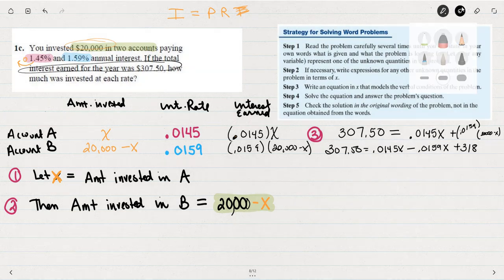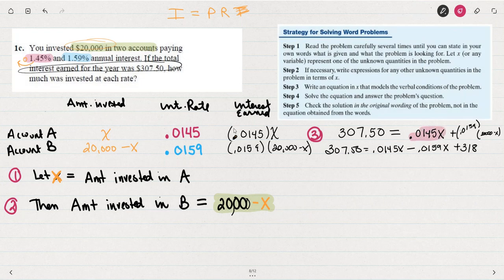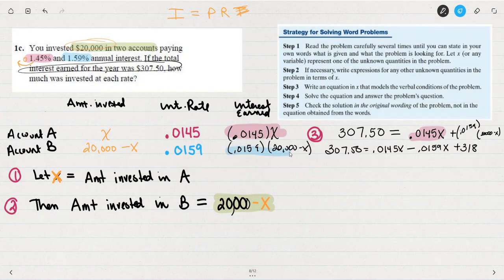So I could write this equation: $307.50 is equal to the 0.0145x. Let me show where each of these is coming from. 0.0145x plus the 1.59% interest times the 20,000 minus X. So this 0.0159 times 20,000 gives us 318, and then distribute that 0.0159 times negative X for that negative 0.0159X.